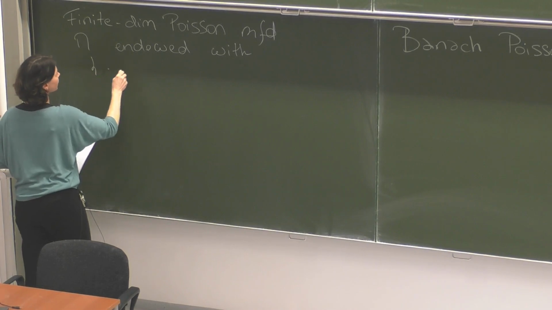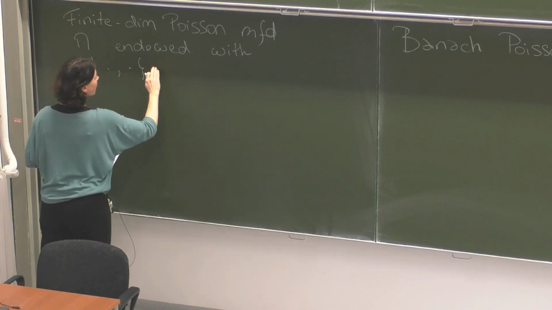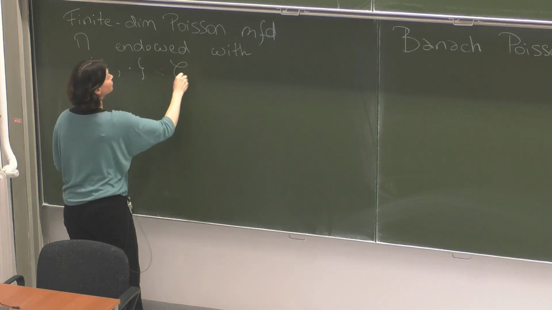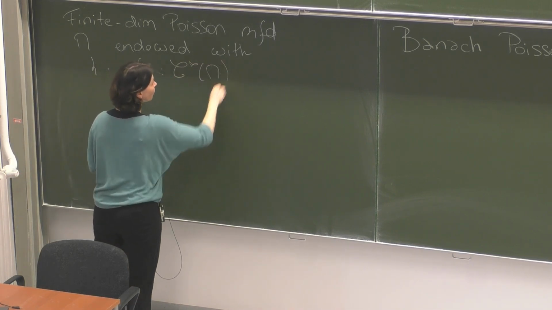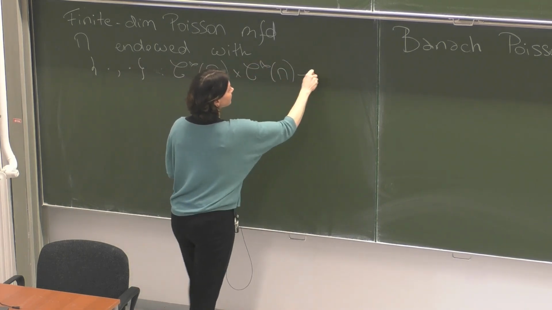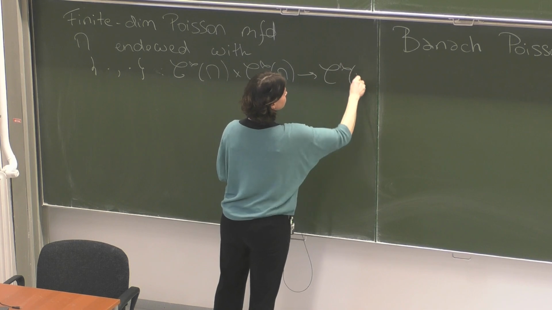And this bracket is defined on the space of smooth functions. So it takes two smooth functions on the whole manifold M and gives us another smooth function.